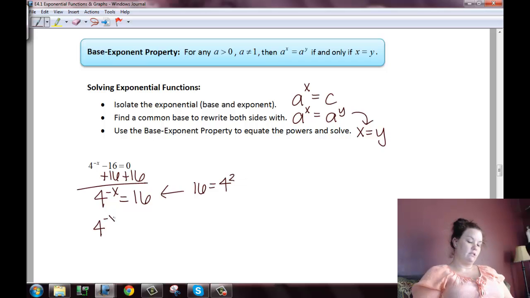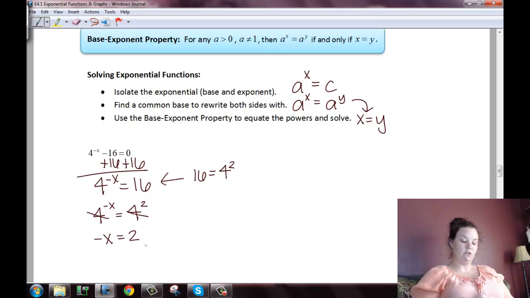So this means 4 to the negative x is equal to 4 squared. And now that they both are using the base 4, I can reduce those bases away, which means negative x equals 2. And if negative x equals 2, then I can divide by negative 1 on both sides, which means x equals negative 2. Okay, not bad.